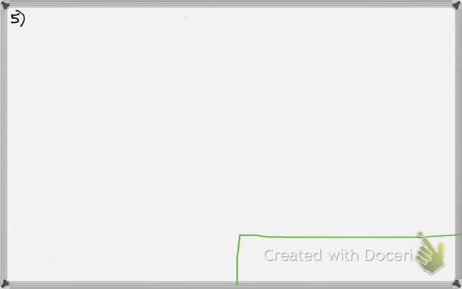Okay, so then if we do that, then our graph should look like this. Again, this is dB over dt, and this is time.